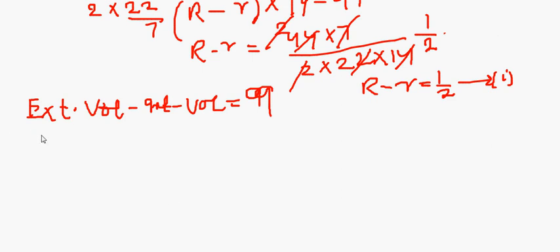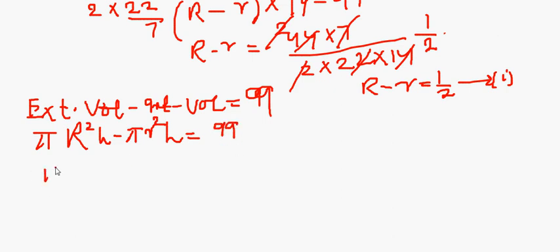So this is given as pi capital R square h minus pi small r square h is equal to 99. Again, I can take a pi common, thereby R square minus small r square, h was given as 14. This is equal to 99.